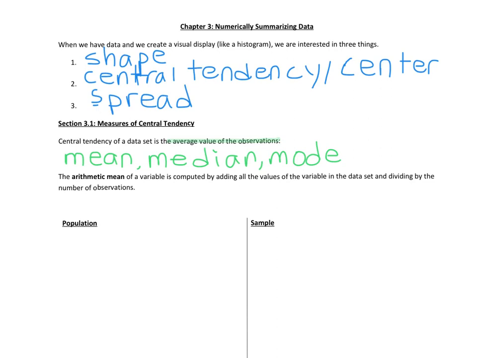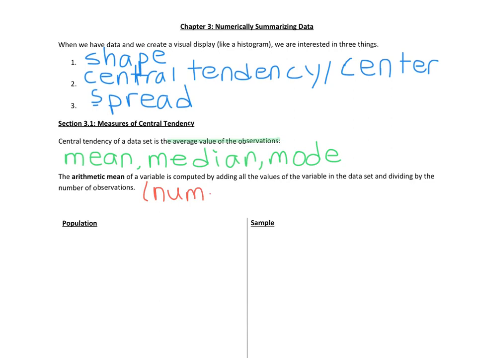Okay, so the first is the mean, the arithmetic mean. So the definition is this: the arithmetic mean of a variable is computed by adding all the values of our variable in the data set and dividing by the number of observations. All right, so we can see just by this definition that this is definitely a numerical summary. So just in parentheses, write ourselves a note.